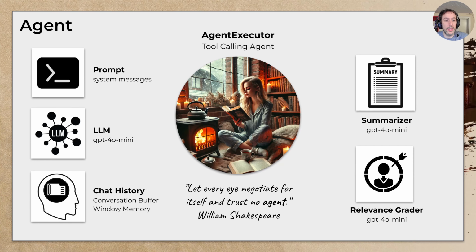The prompt is linked to a conversational buffer window memory, so Alice has access to some kind of chat history. She is able to remember the last conversation she has, and as long as the conversation is running, she is storing the system, the user and the chatbot messages inside her prompt.